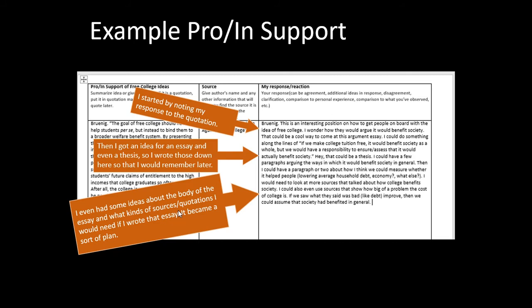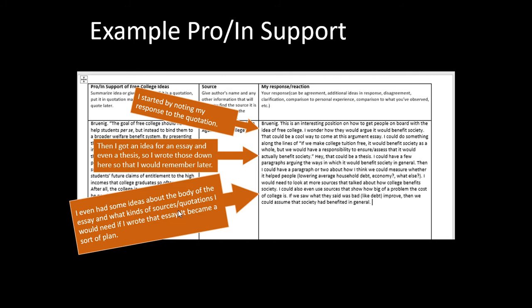The quote was essentially saying that if people want to make college free, this is how they have to convince people to pay for it. But then they didn't say how they would convince people of that. So I noted, oh, I wonder how they're going to do that.